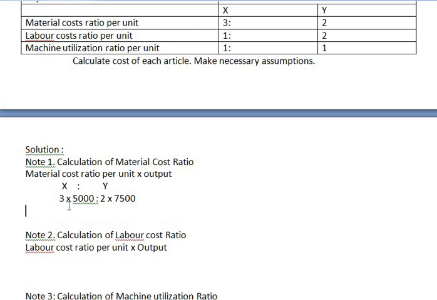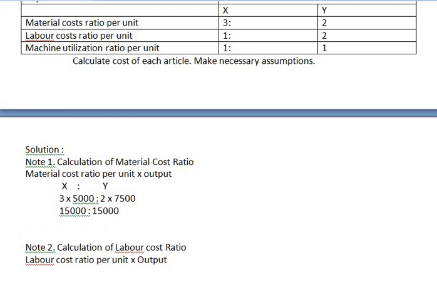Now find out the ratio. So here it is 15,000 is to, again here it is 15,000. Now here the ratio is 1 is to 1. Hope everybody has understood this ratio.